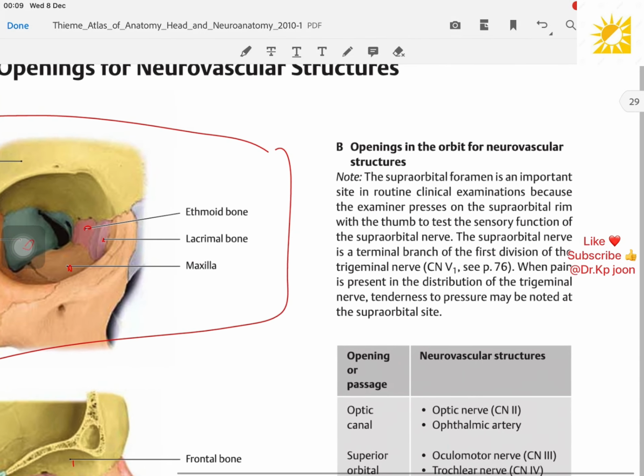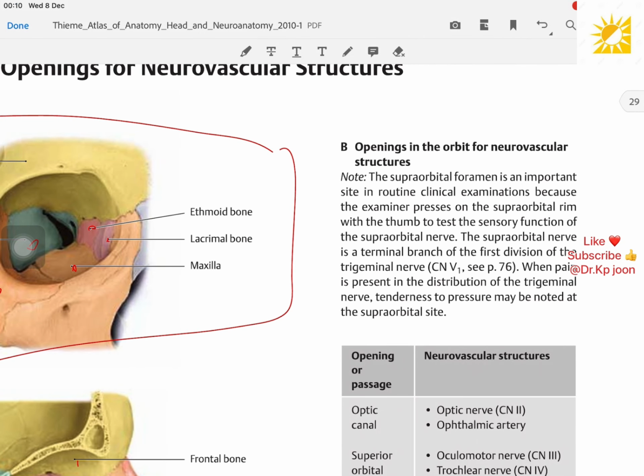See B. If we talk about the B diagram, it shows the openings in the orbit for neurovascular structures. Note the supraorbital foramen is an important site in routine clinical examination because the examiner presses on the supraorbital foramen with the thumb to test sensory function of the supraorbital nerve.